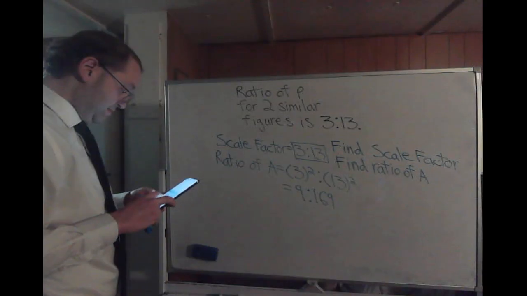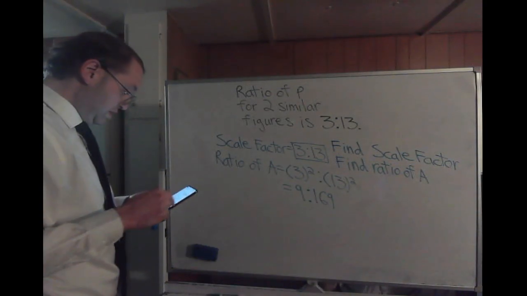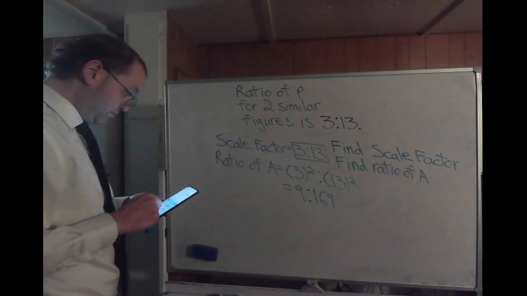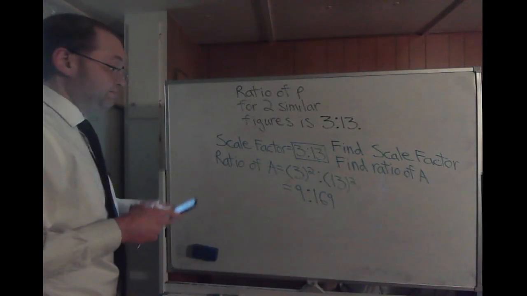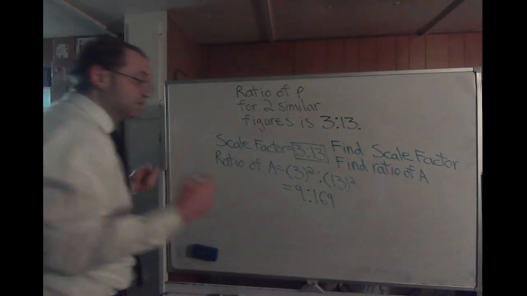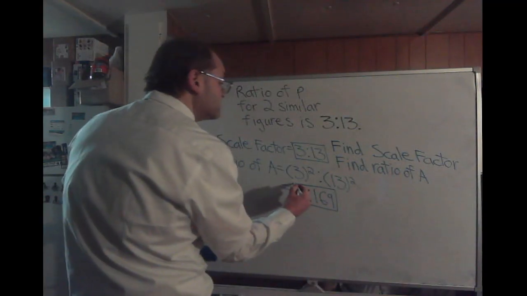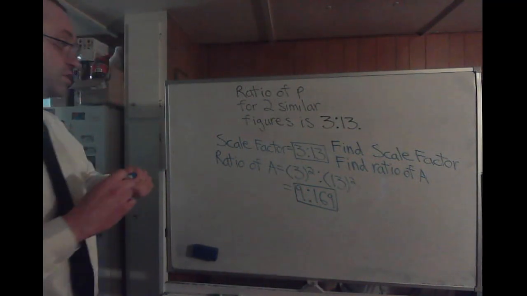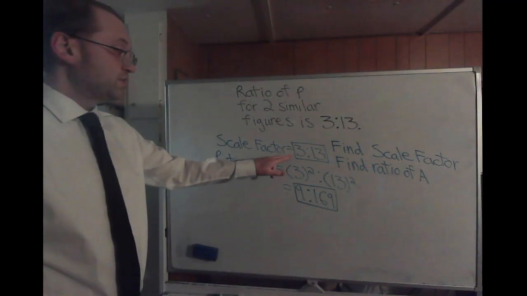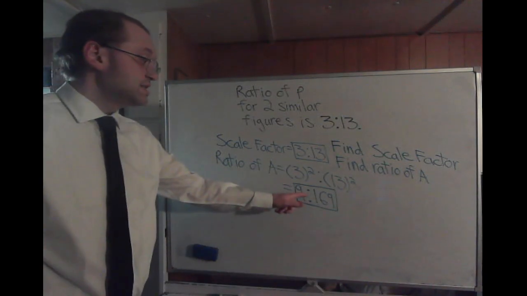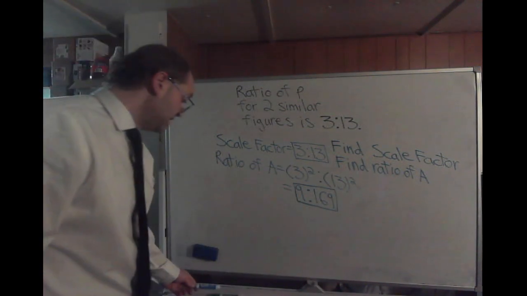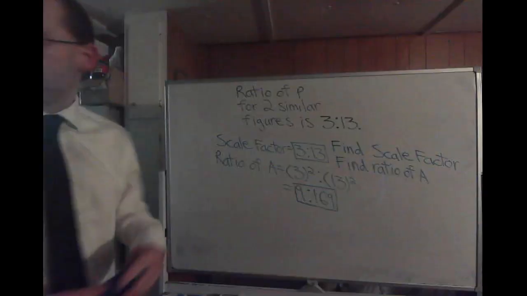Let's see. Nope, it doesn't. It doesn't simplify any further, but it's always good to check, because to find a true scale factor, you want to have it in simplest form. So the scale factor itself is 3 to 13. The ratio of the areas ends up being 9 to 169. Quite a wide spread there.